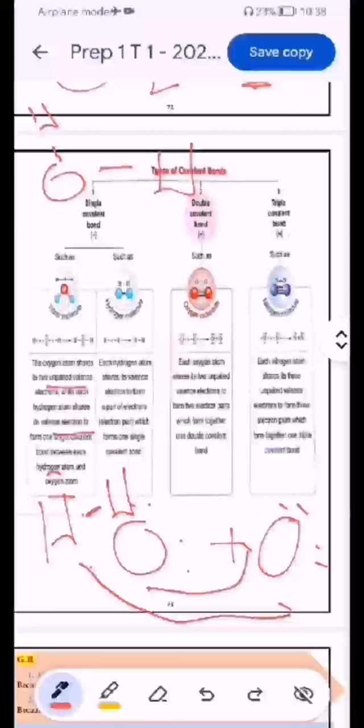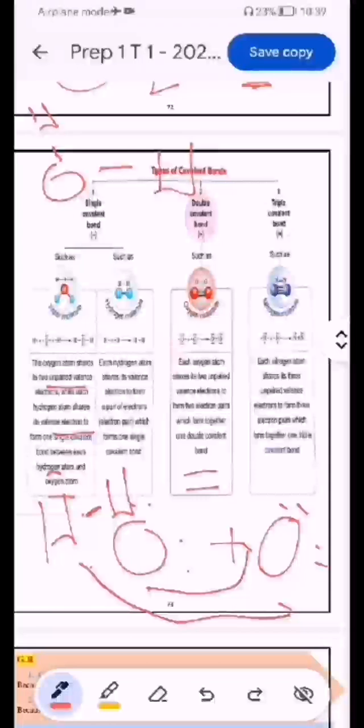And number 2, double covalent bond, as we said, like the oxygen molecule. Each oxygen atom shares its two valence electrons with the other atom to form two pairs of electrons, so it's represented by 2 dashes.